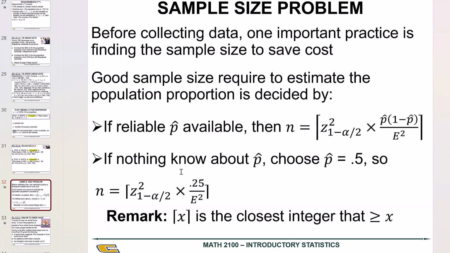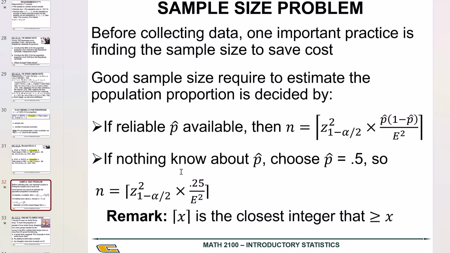If I don't have enough data, when I do the inference, my procedure may not be valid. So a lot of the time people run to the statistician to ask for advice about the data collecting procedure. Here we talk about the sample size problem for estimating proportion. We have a similar version for the mean, but for this class, we just constrain ourselves here.